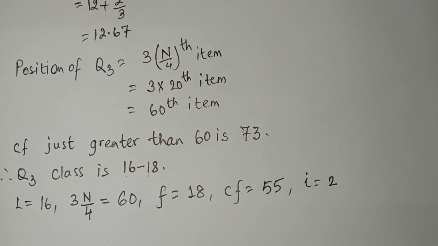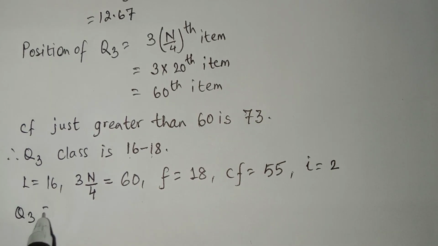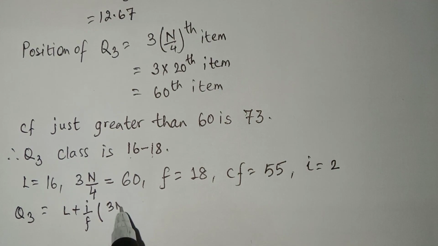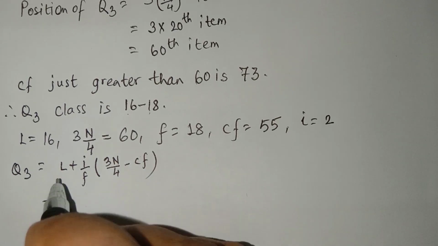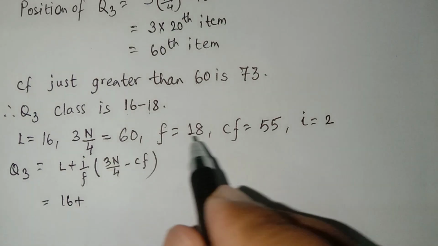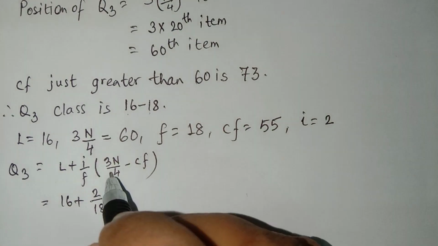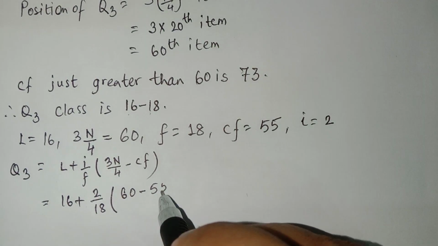Now let me apply the formula of Q3. The Q3 formula is L plus I by F times 3n by 4 minus CF. Now let us put the values: L is 16 plus I is 2 and F is 18 times 3n by 4 is 60 minus CF is 55.